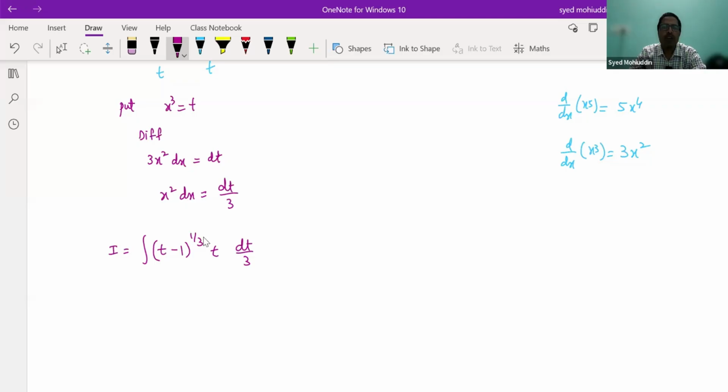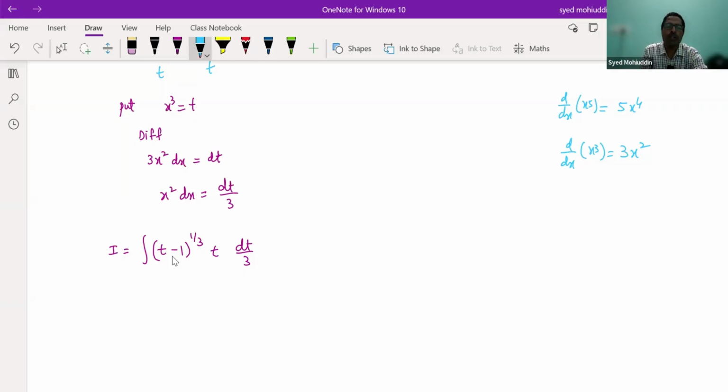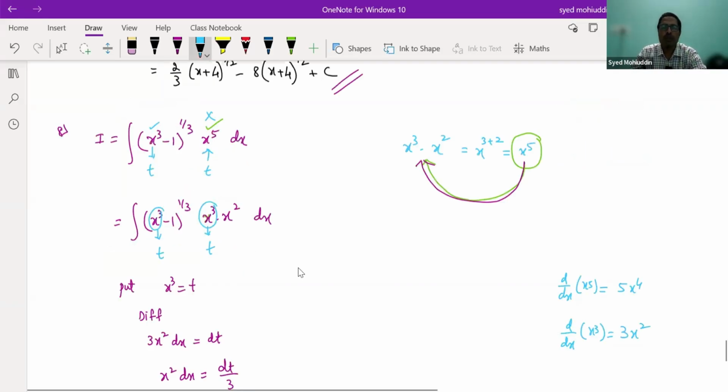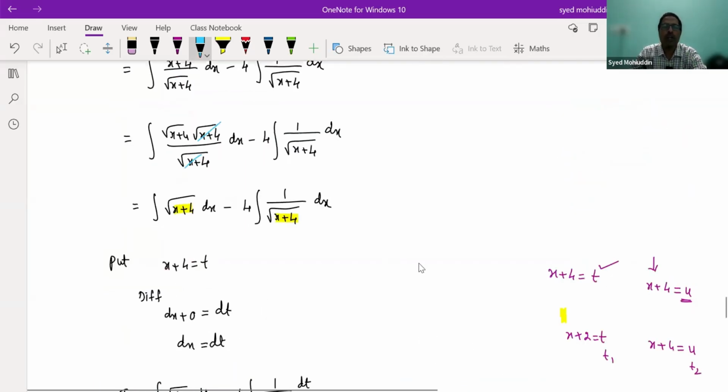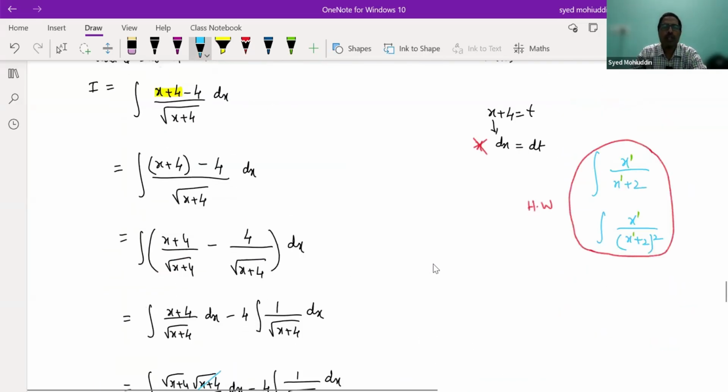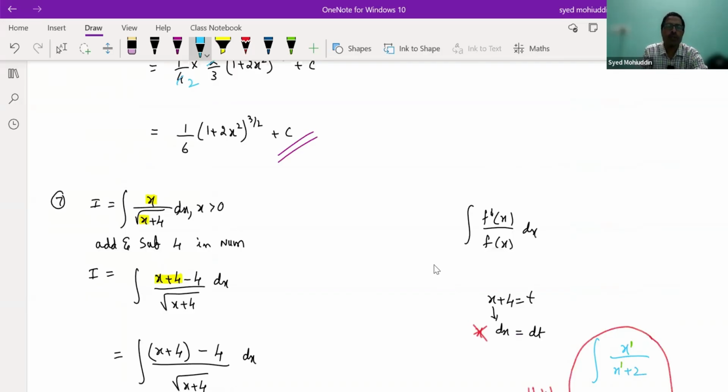So one should be the derivative of the other if you want to once again go for the substitution method. Here the power of t is 1, and here the power of t is 1. Earlier, can you observe, the power of x was 1.